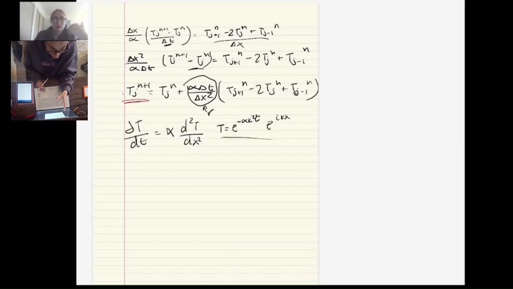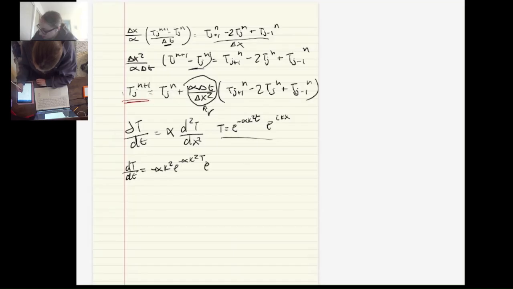So with that, let's look at this. So dT over dt is equal to this one. So you bring it down, so it's this, negative alpha k squared, e to the negative alpha k squared t, right? And then e to the ikx, because you're going to keep what's there, you're only going to derive on that. This is the time factor.